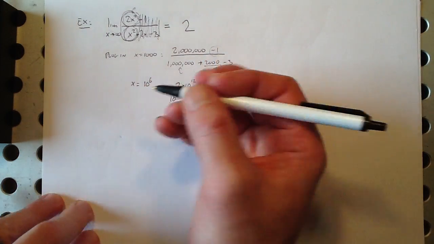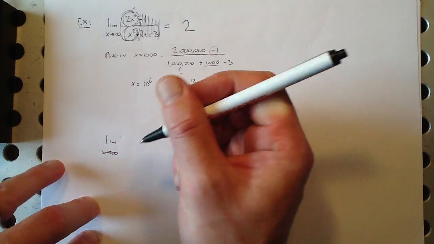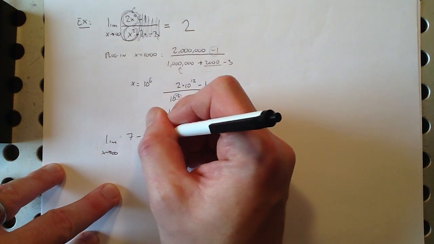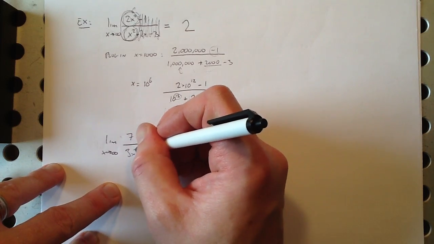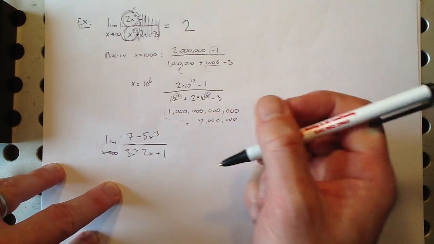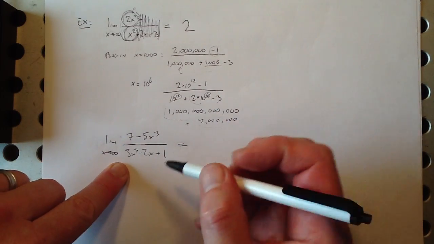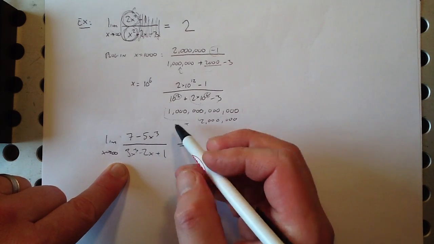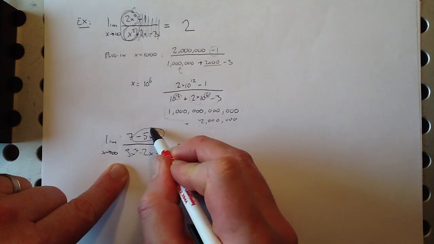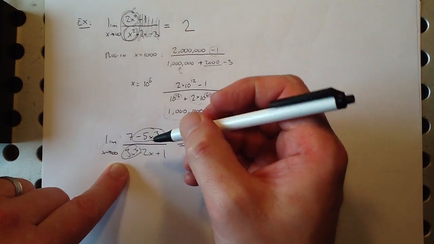A couple more quick examples of that. What would the limit as x approaches infinity of 7 minus 5x cubed over 3x cubed minus 2x plus 1 be? Well, by the same reasoning here, the only thing that matters is the highest exponent. The highest exponent is x cubed. I've got one of those here, and I've got one of those here. Nothing else matters. So what's the limit?